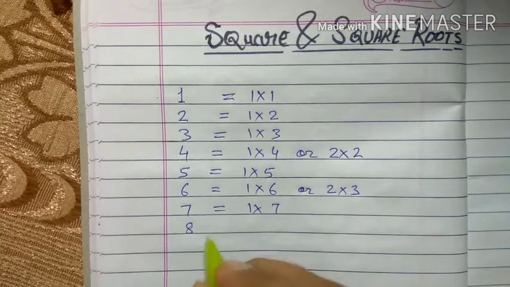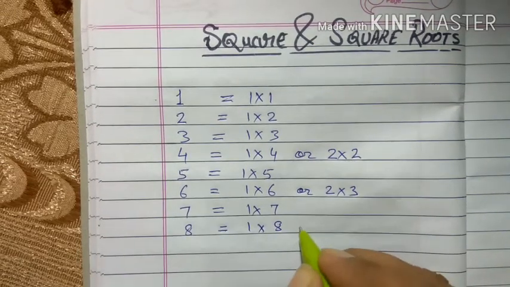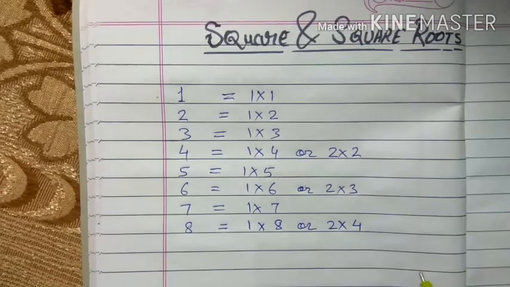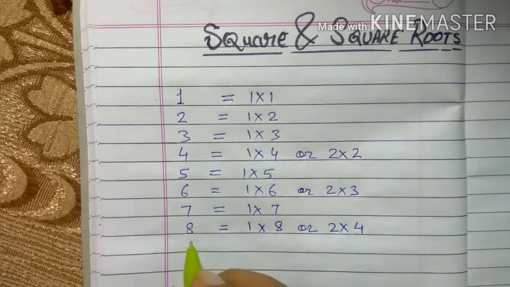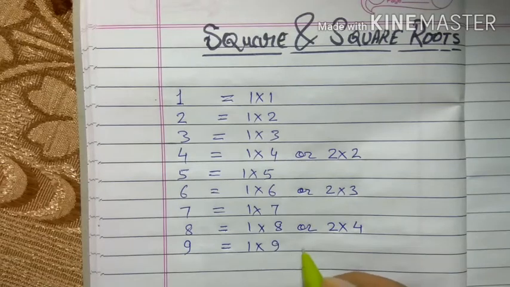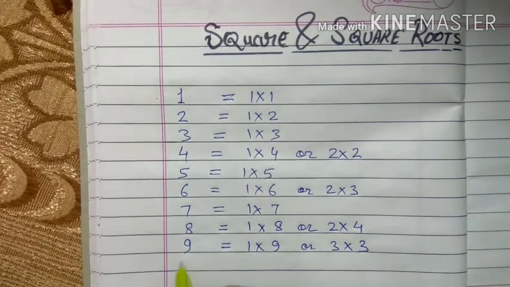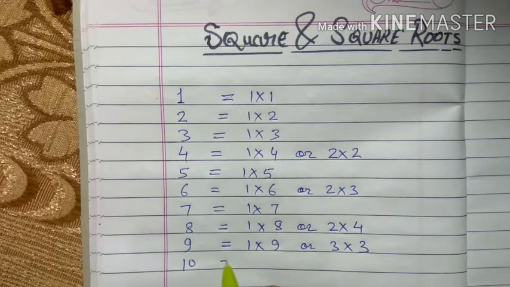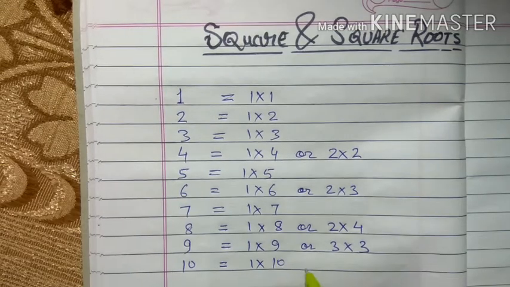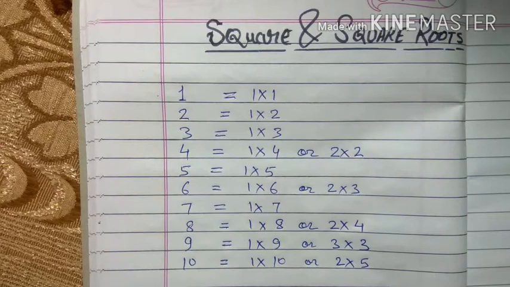8 can be written as 1 into 8 or 2 into 4. 9 as 1 into 9 or 3 into 3. 10 as 1 into 10 or 2 into 5, right?